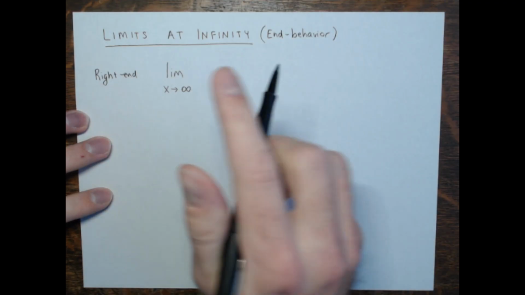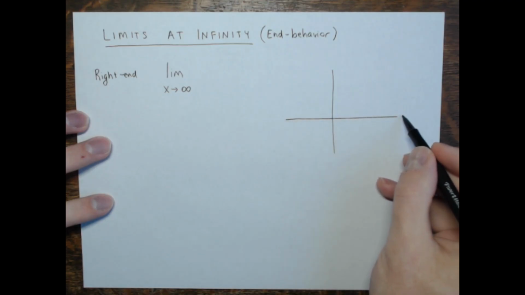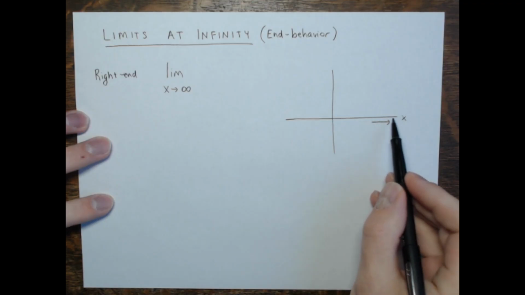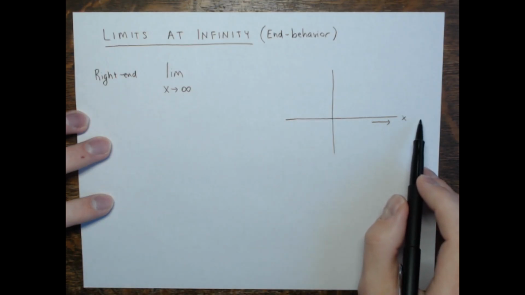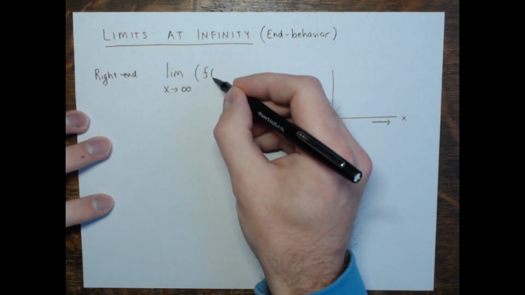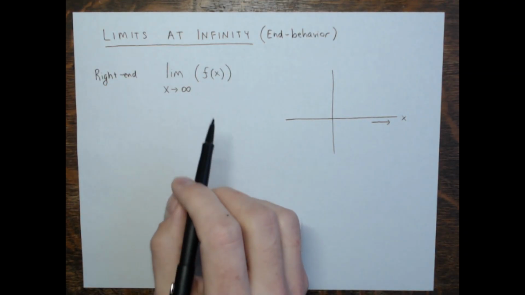If you're talking about the right end, think of the xy plane. That means going to the far right, the value of x approaches positive infinity, gets larger and larger, of some function of x, some expression that depends on x.